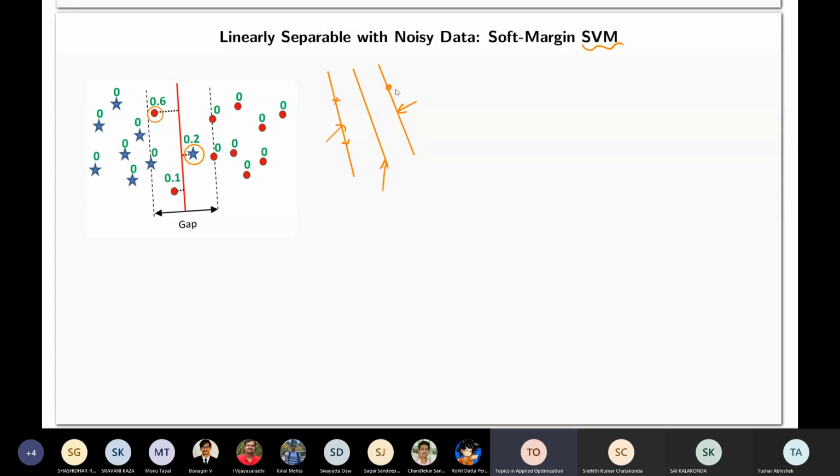Let us say you have a cloud of data, and some outliers were here and some points were here, but the majority of the points were here for the other class, and for this class the most points were here. So this data that you see here seems like noisy data.